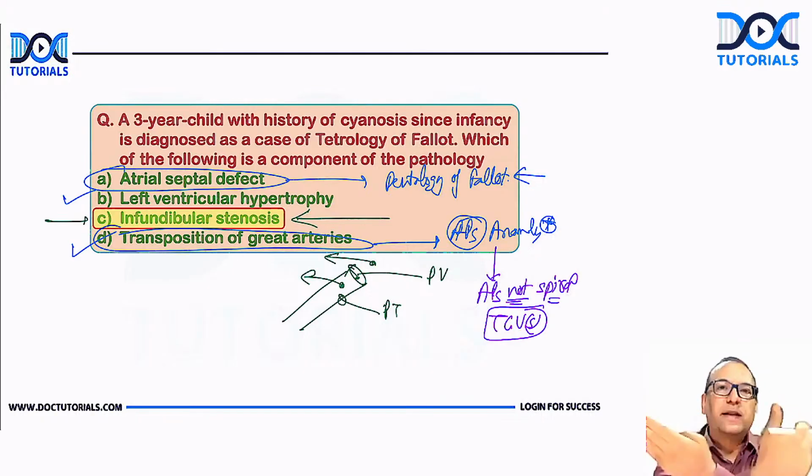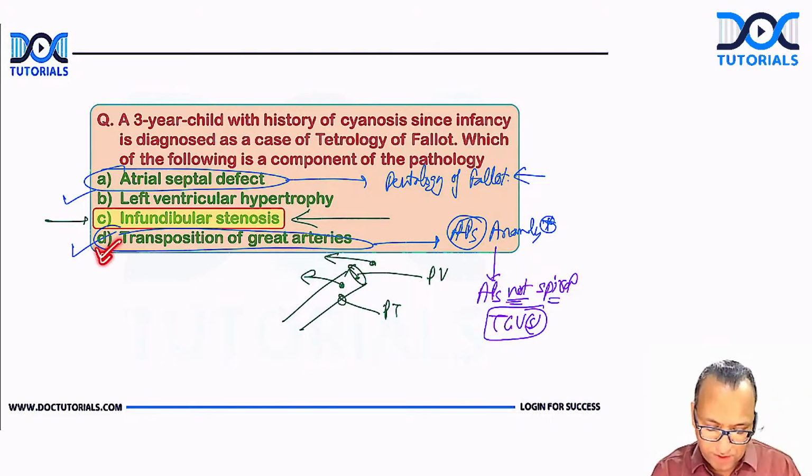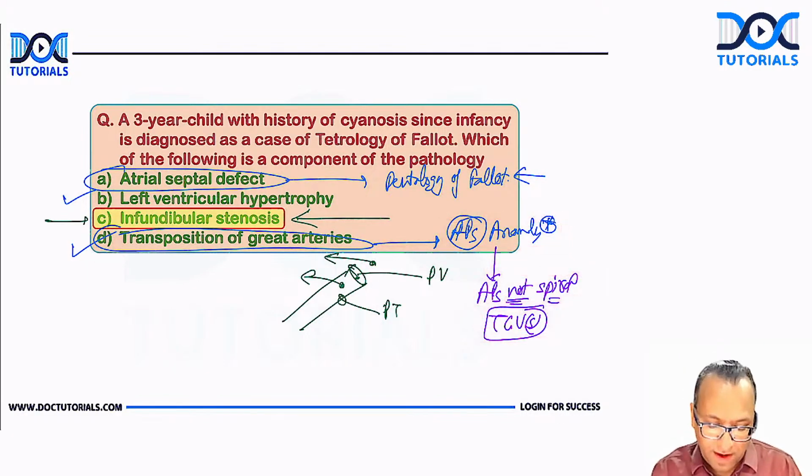What if it is not spiral? Then they'll become straight, and that is called transposition of great vessels. So transposition of great arteries is also an AP septum anomaly only. If the AP septum is not spiral, vessels are not spiral, which normally they should be, and that will result in transposition of great vessels. But here, they have already given tetralogy of Fallot. So we don't need to think all that. We just keep our answer as infundibular stenosis.